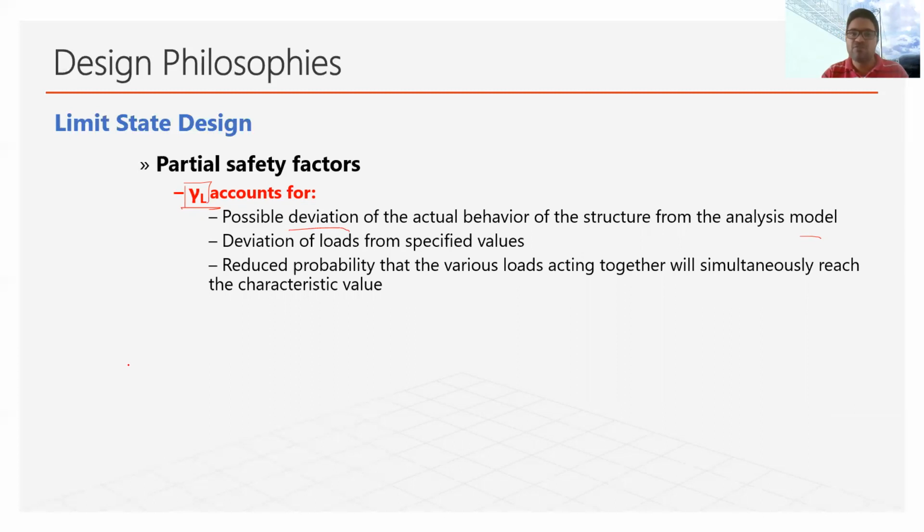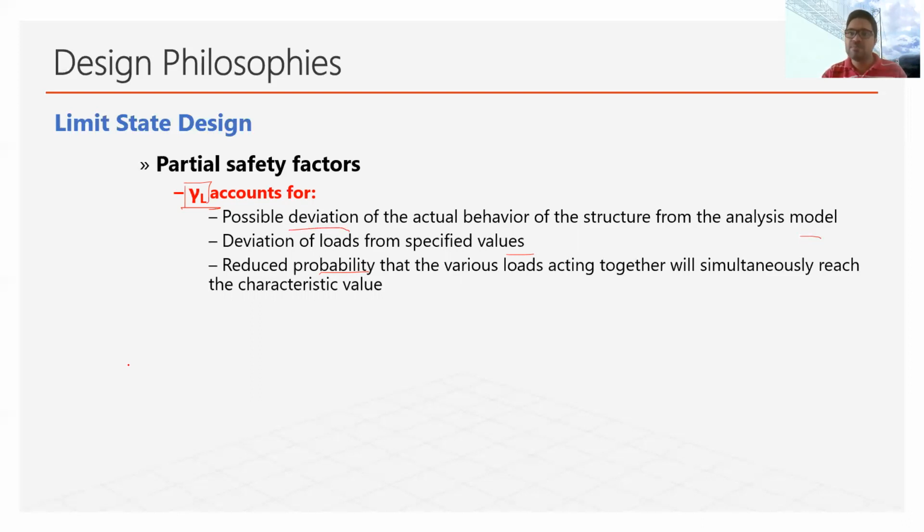Similarly, it accounts for deviation of loads from the specified value. If we have calculated some load on a structure, and in future or by chance that load exceeds it, the exceeded load can also be taken care of by this load factor, because when we multiply this load factor with the working load, the working load becomes the design load, which is an exaggerated value of the working load. It also accounts for the reduced probability that the various loads acting together will simultaneously reach the characteristic value.